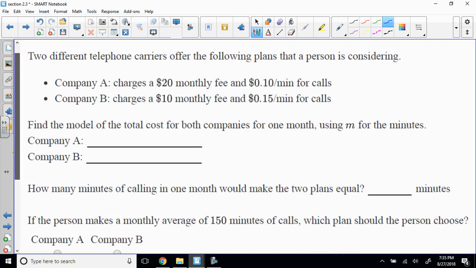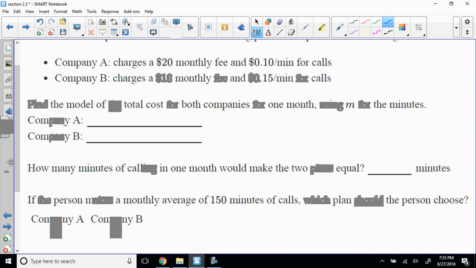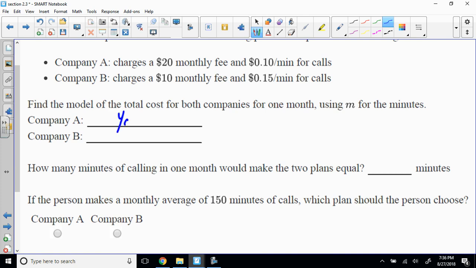This one I didn't work, but I did write the equations for them. So Company A charges a $20 monthly fee plus 10 cents a minute for calls, and Company B is a $10 monthly fee and 15 cents a minute for calls. So this is what I wrote, okay? Y sub A equals, and that's Y sub A, Y equals, right?